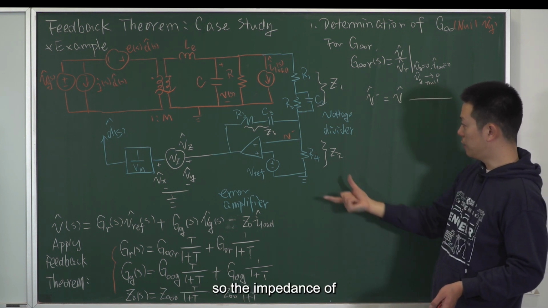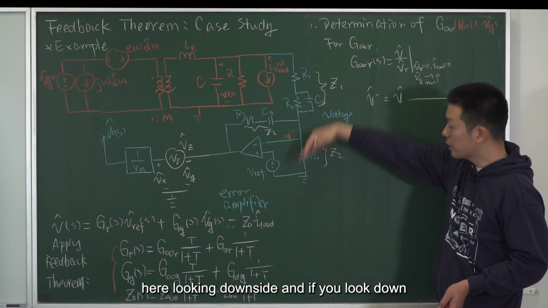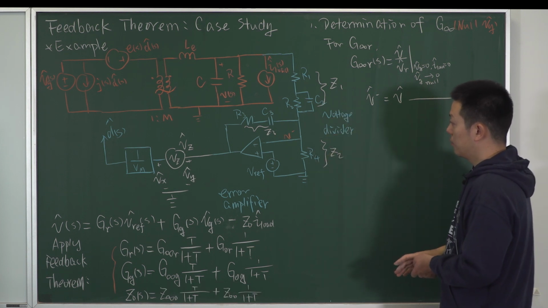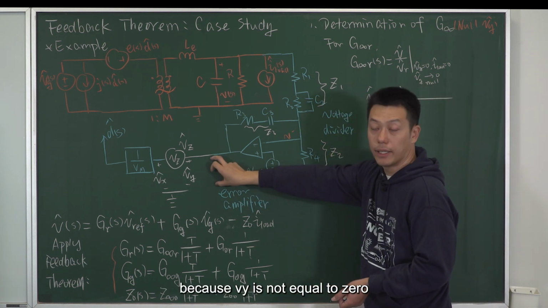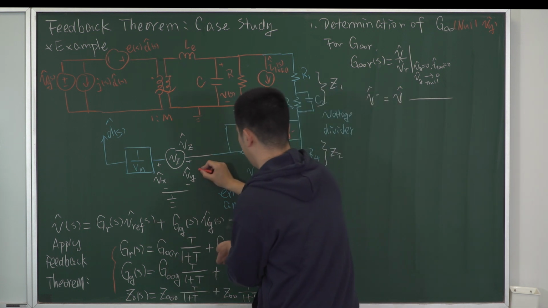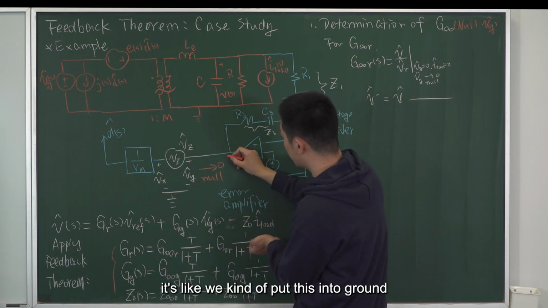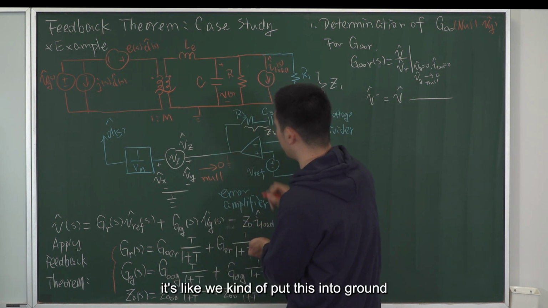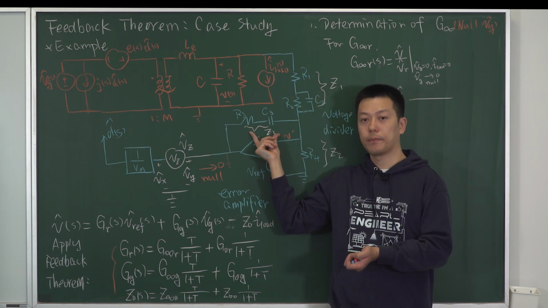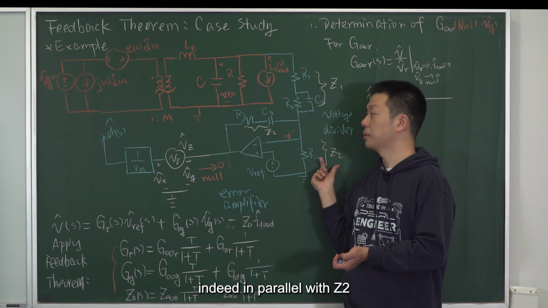Looking at the impedance downside, because Vy is not 0, we kind of put this into ground. Then you will see that these three will be in parallel with Z2.